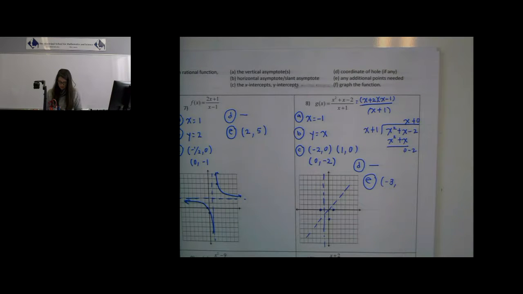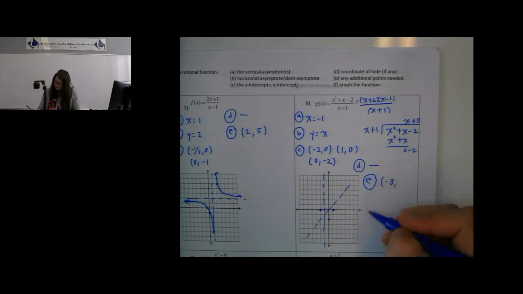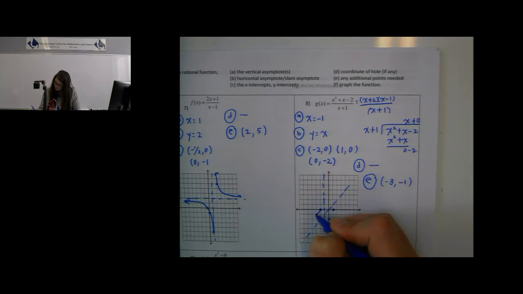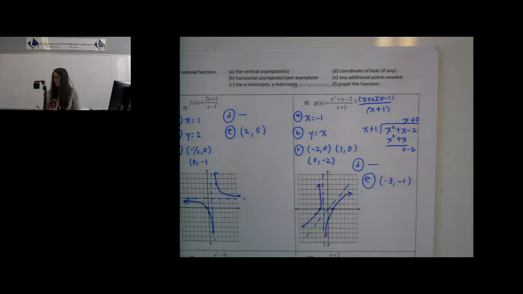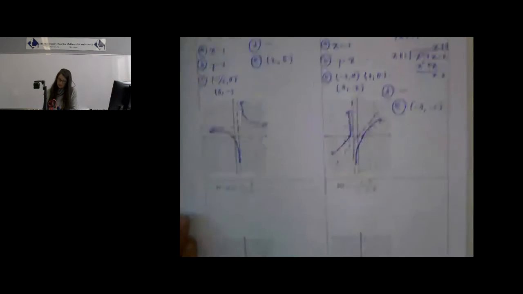So that'll be 9 minus 3 minus 2, so it's a 4, divided by negative 1. So it's going to look something like this. It's going to approach both of those, the vertical and the slant.